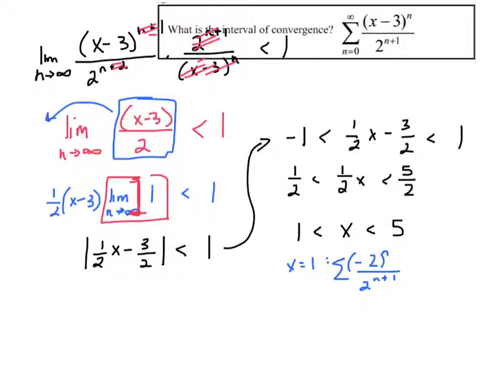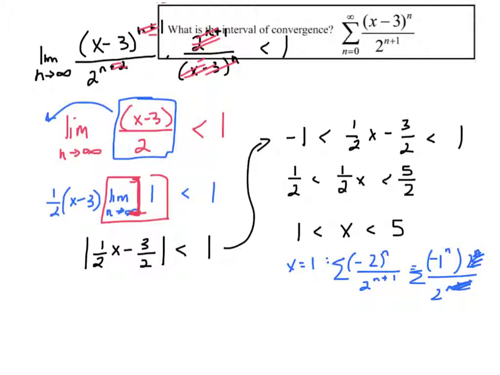Well, that's the same as negative 1 to the nth multiplied by 2 to the nth, over 2 to the n plus 1, and then the 2 stuff cancels, so it's just negative 1 to the n over 2. Well, that is divergent.